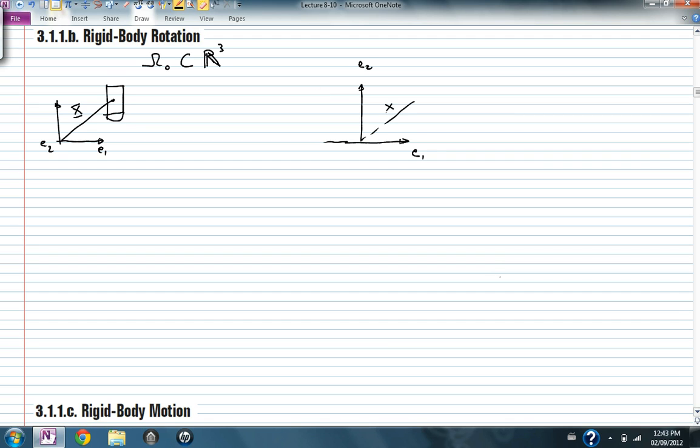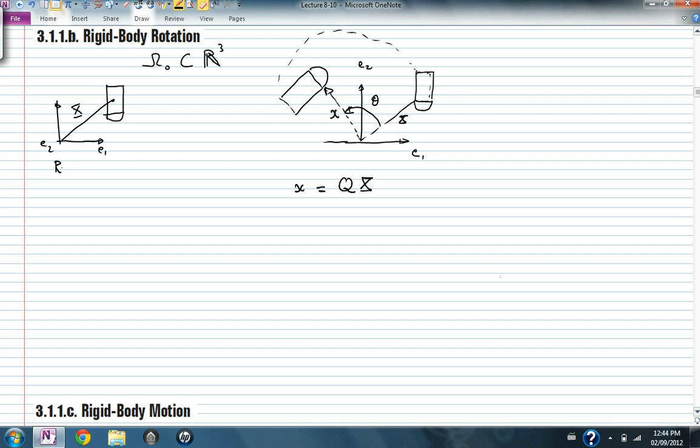so if this is x and this is the object before rotation, this rotation is described by saying that the new position vector x is equal to a rotation matrix multiplied by the old vector x.